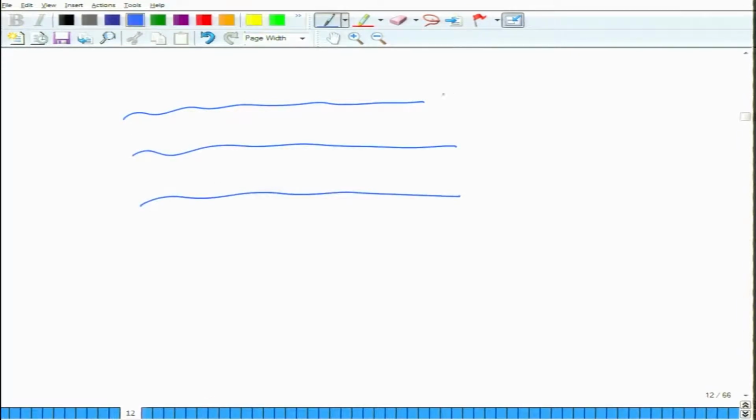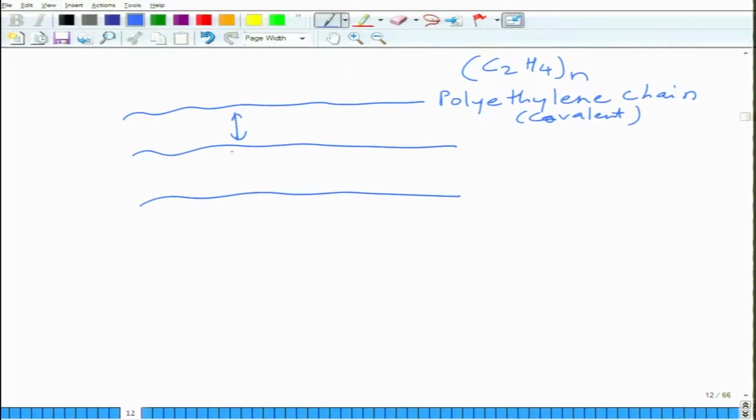Let us say these are all polyethylene chains, basically C2H4 repeated n times. These chains are all covalently bonded, so within a chain you have covalent bonding, but between the chains the interaction is van der Waals.